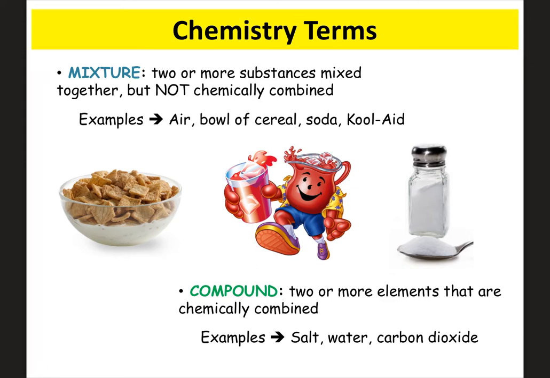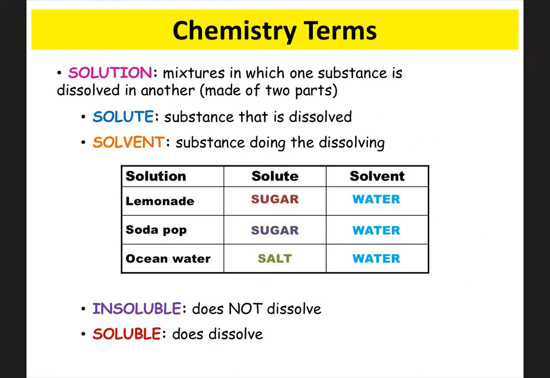But a compound is when you have two or more elements that are chemically combined. So you cannot separate a compound without it undergoing a chemical change or a chemical reaction. Salt is NaCl. It's sodium and chlorine together. They are chemically combined. Water and carbon dioxide are chemically combined, and you cannot get them apart by physical means. They would have to undergo a chemical reaction in order to come apart.